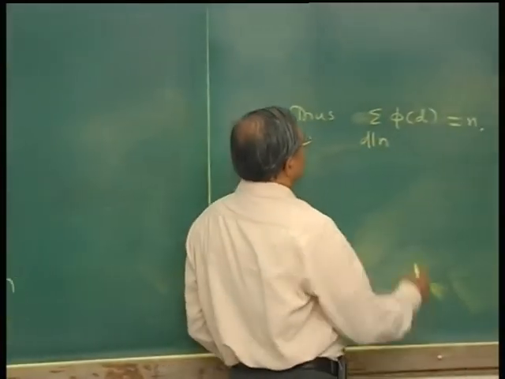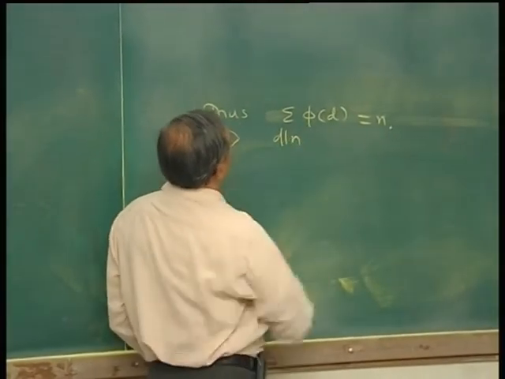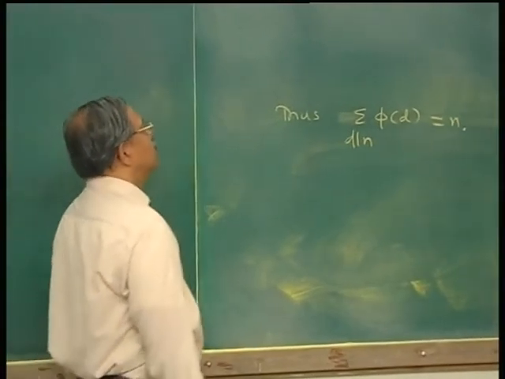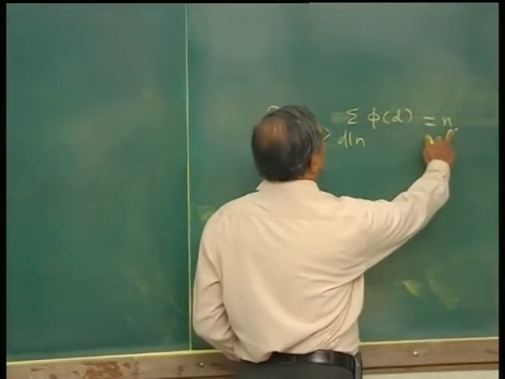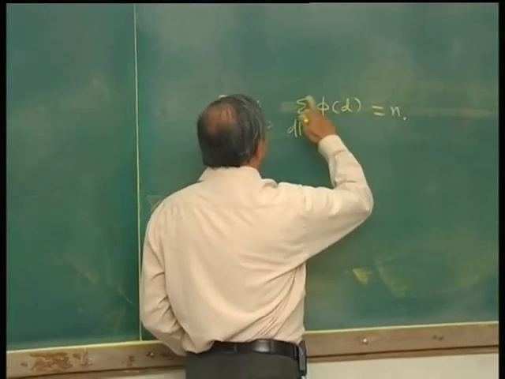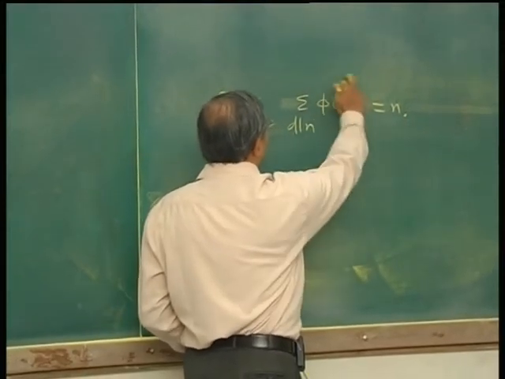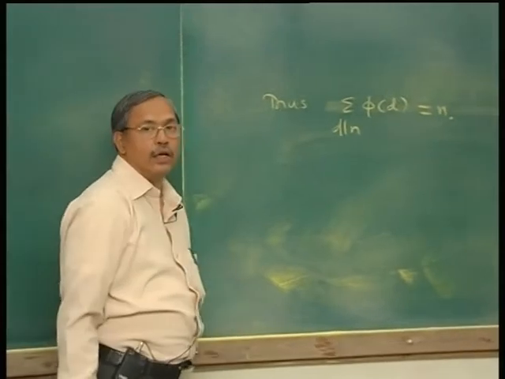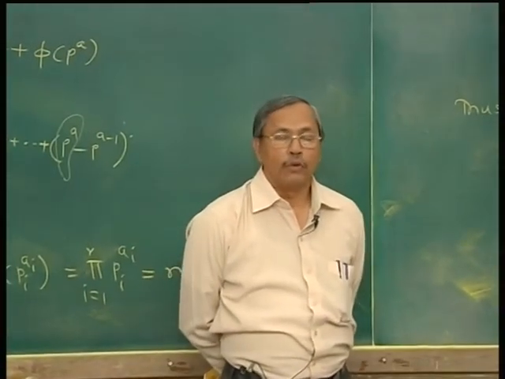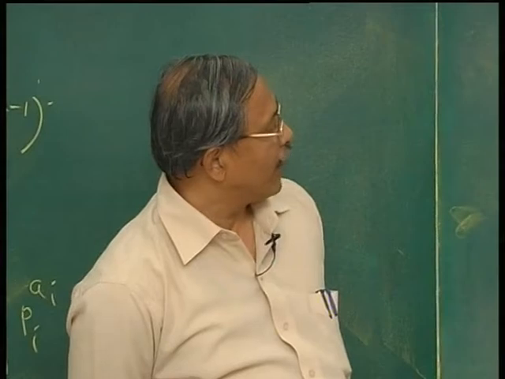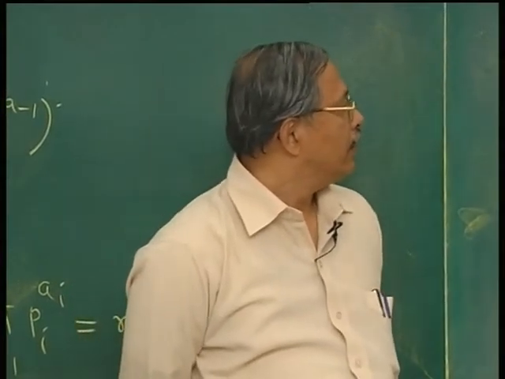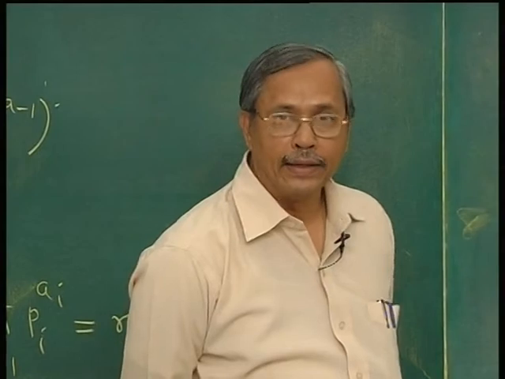In fact, this is the reason why this phi is called the totient function. Totient refers to parts, so the number n you can partition in this way using the Euler's phi function corresponding to the divisors of n. For every divisor d, you find out phi of d, and n is the sum of all these phi d.